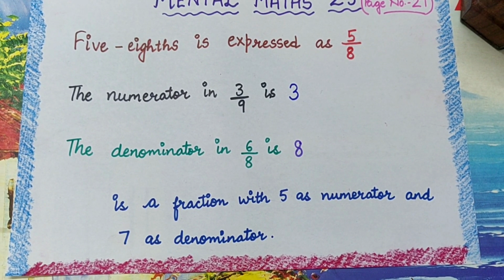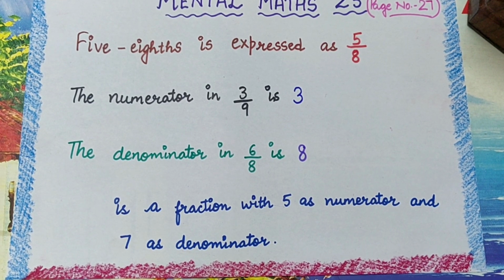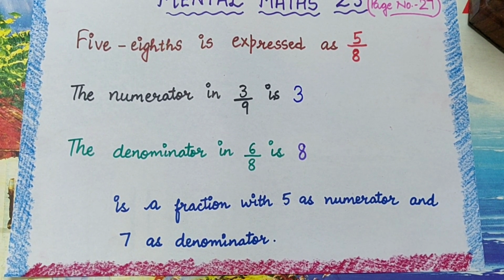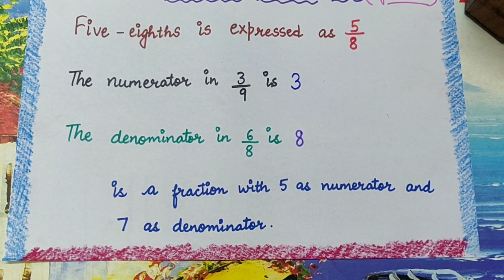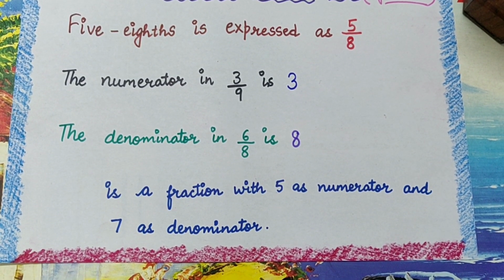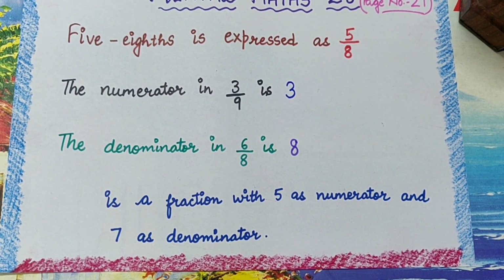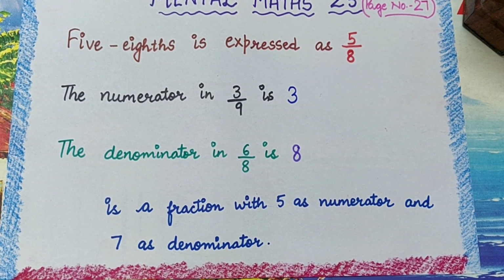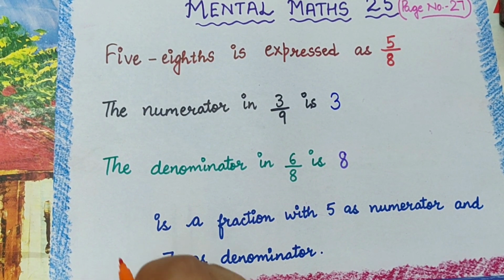Now next part is, we have to write the fraction with 5 as numerator and 7 as denominator. As you have learned in this video only, numerator is written above the line and denominator is written below the line. So how we will write that?